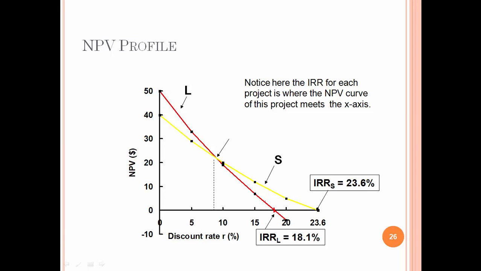So IRR for project L is here, which is about 18%, and IRR for project S, that's where the yellow curve hits the x-axis, is about 20.6%. And as you see, these two curves intersect at this one point. They have the same level of NPV when the discount rate is about 8%.